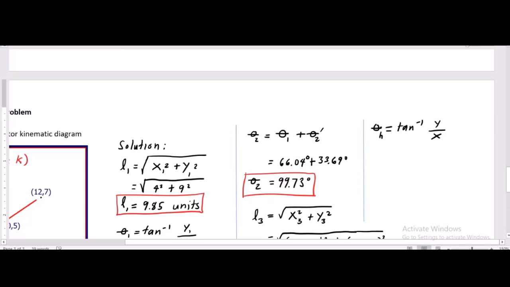Our y is 7, our x is 12. So that is inverse tangent 7 divided by 12. Therefore, our theta h is equal to inverse tangent of 7 divided by 12. We get 30.26 degrees.